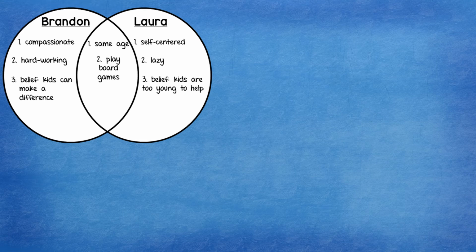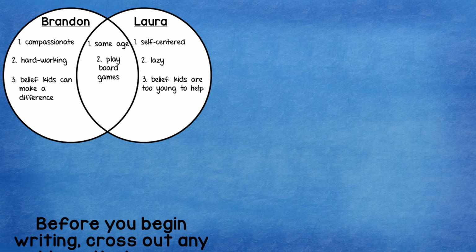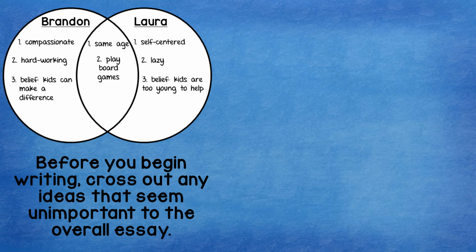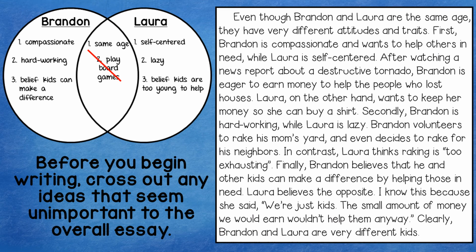So this is our Venn diagram that we've created where we compared and contrasted Brandon and Laura. We want to cross out any ideas that seem unimportant to the overall essay. And really, that they like to play board games isn't an important detail. And so this is what we are going to write.